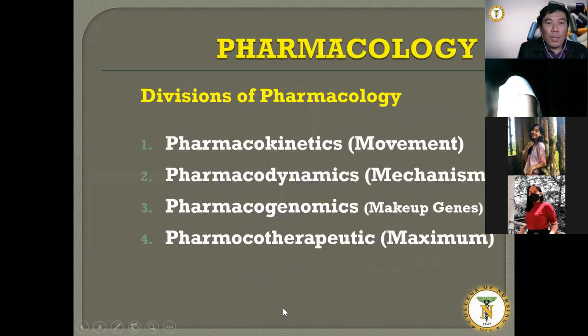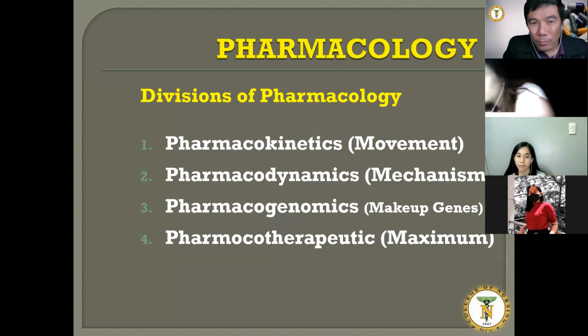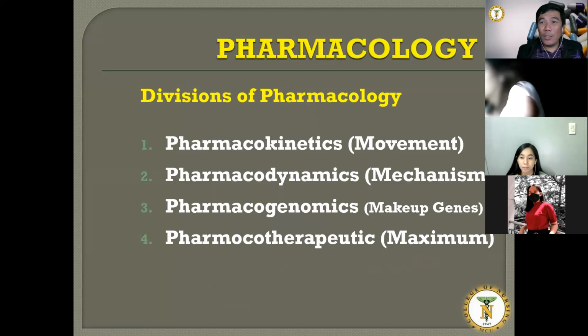Okay. Now, this is the concept that we discussed a while ago. We have pharmacokinetics, pharmacodynamics, pharmacogenomics, and pharmacotherapeutics. With the divisions of pharmacology, I even introduced to you what pharmacokinetics is.